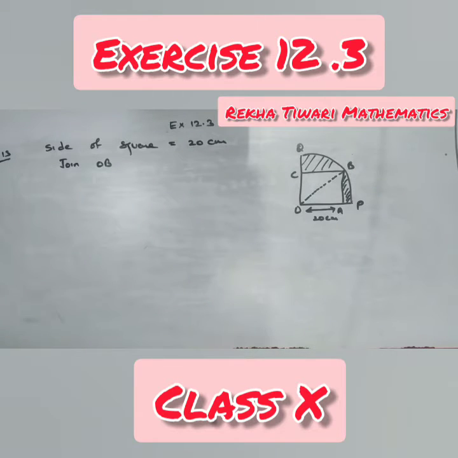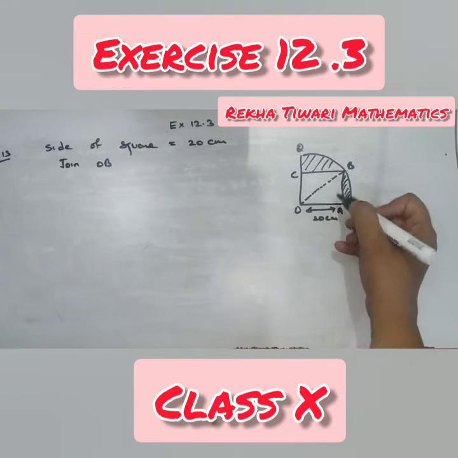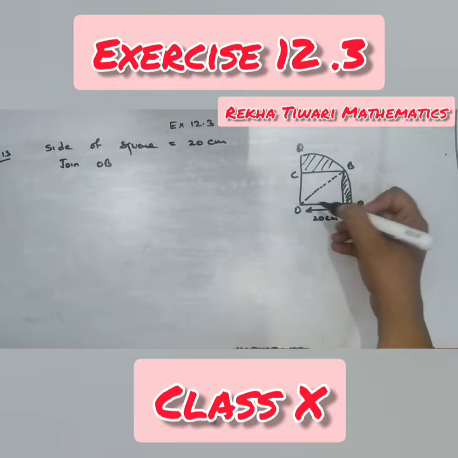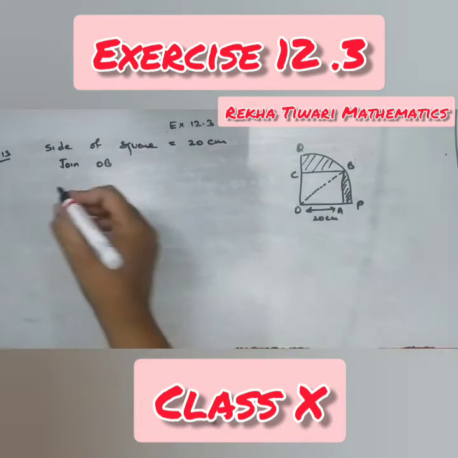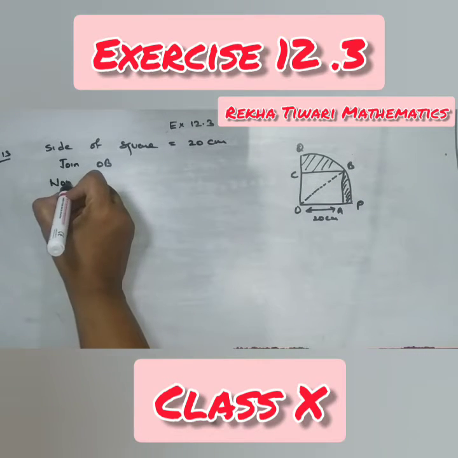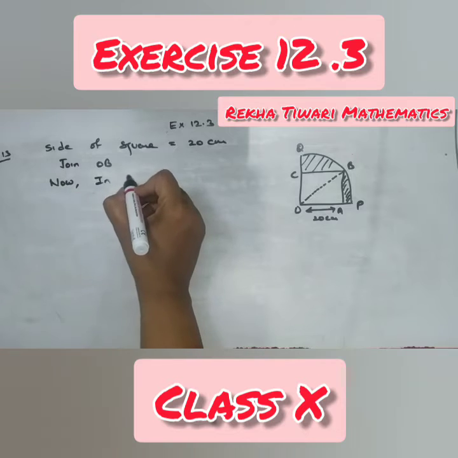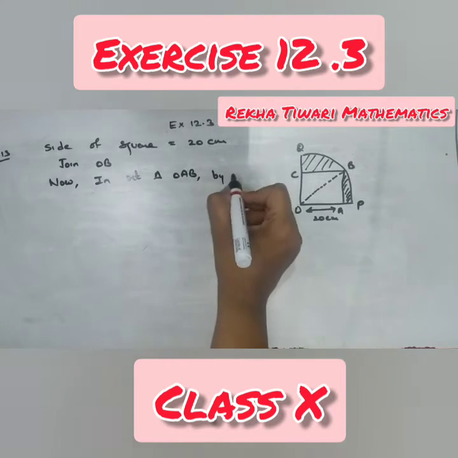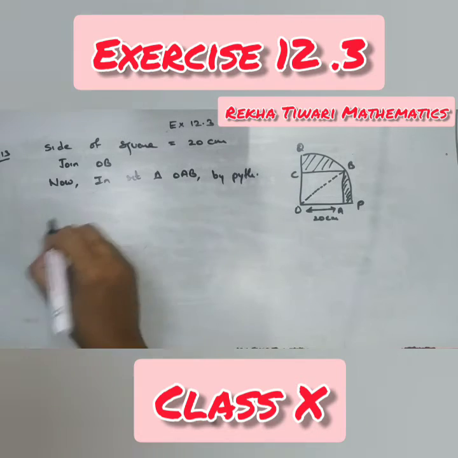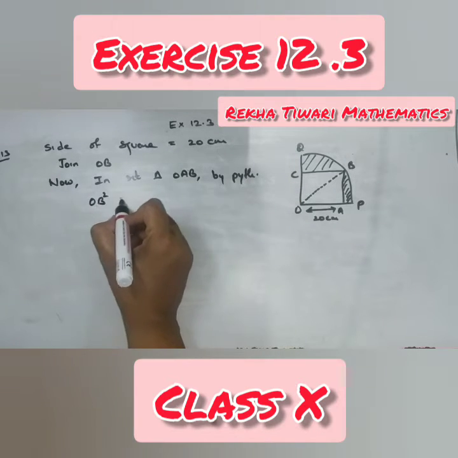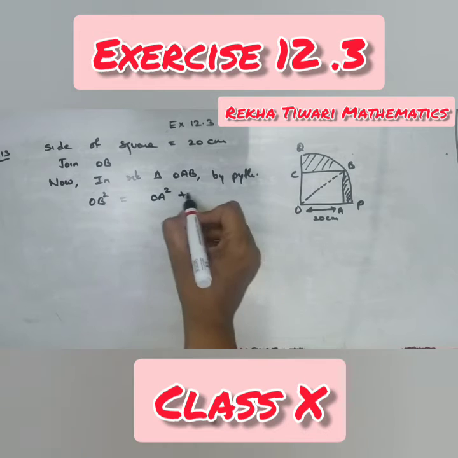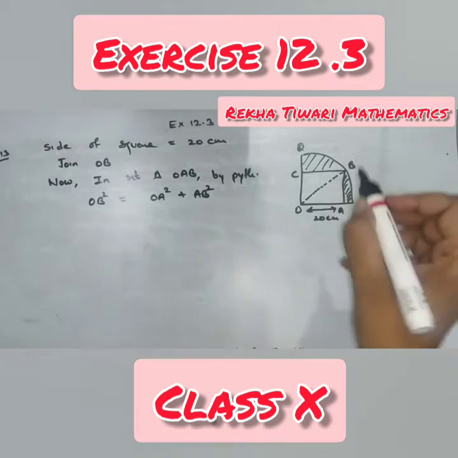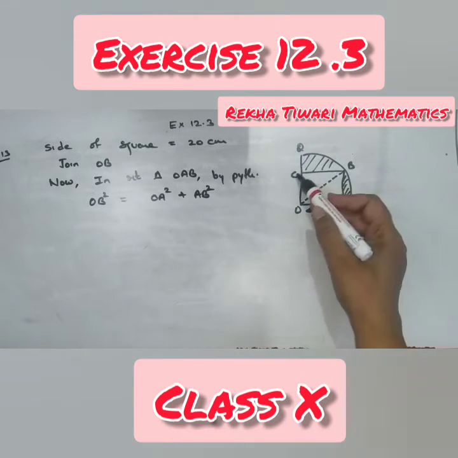If you join OB, then this OAB becomes the right angle triangle. Now in right triangle OAB by Pythagoras, OB square comes out to be OA square plus AB square. Now what is given to you? OABC is a square.